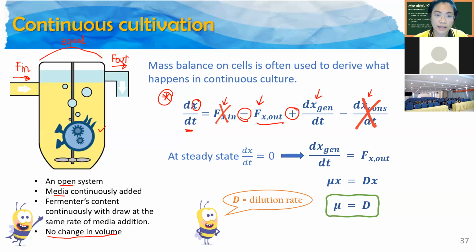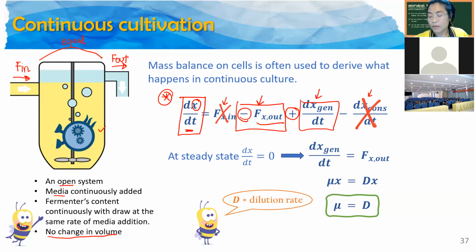So basically, you are left with 3 terms: this term, and that term, for the mass balance of the continuous cultivation.